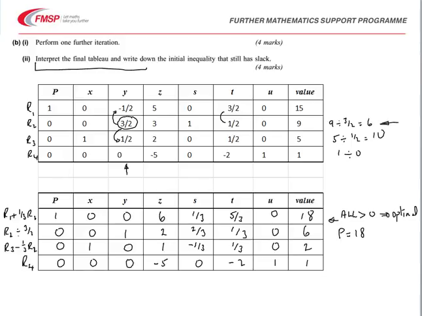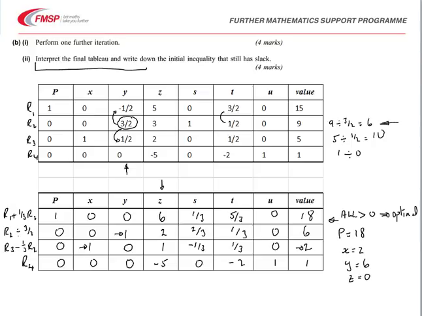The X column has got a 1 in row 3, which has got a value of 2. So this is X is equal to 2. The Y column has got a 1 in the second row, so Y is equal to 6. Z column, it has not got zeros and ones in it, so therefore Z is equal to 0.